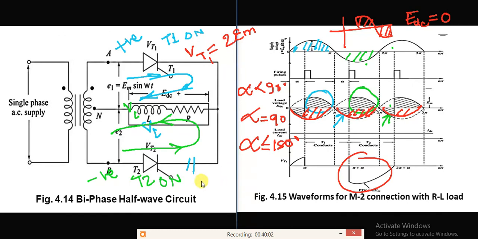Here also this voltage VT2 is equal to twice EM, and hence we get twice EM, because we are obtaining the output voltage at terminals A, B equal to twice EM.